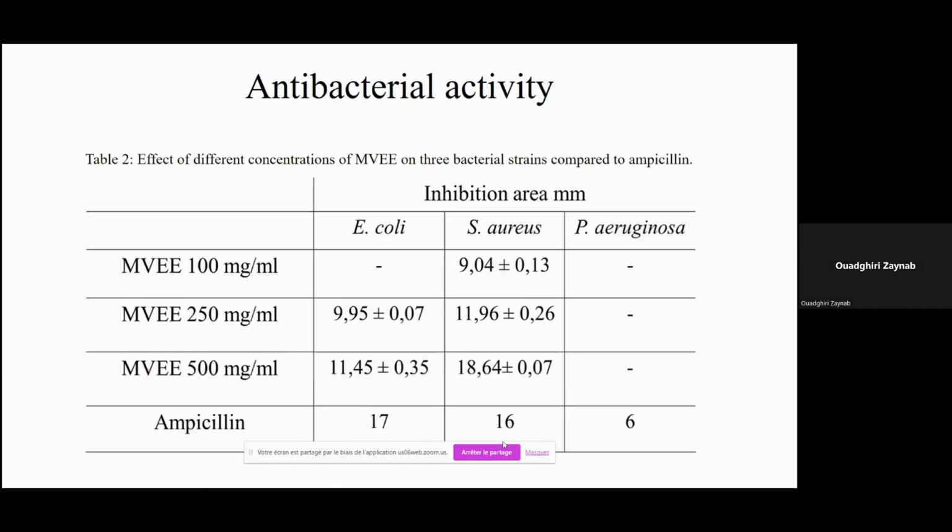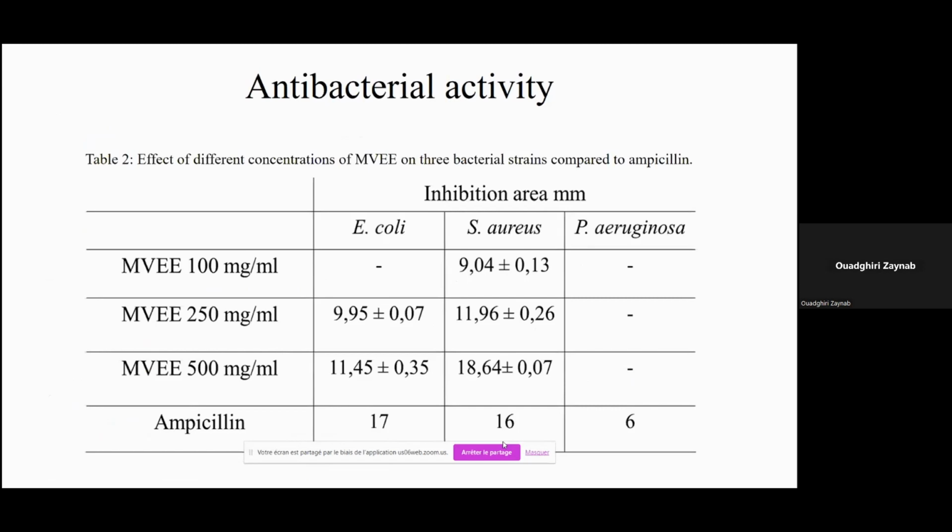Interestingly, horehound has a great antibacterial effect against both the E. coli and S. aureus strains. And the highest dose of 500 milligrams per ml gave a higher inhibition area than the positive control ampicillin.